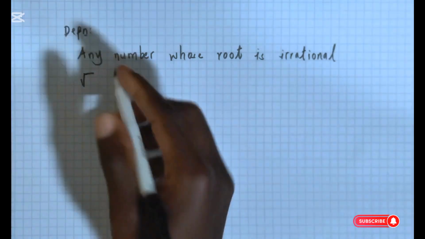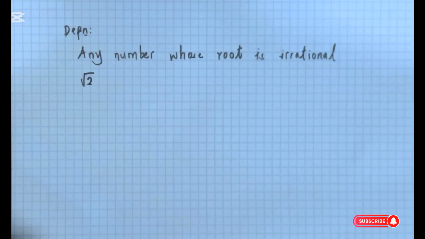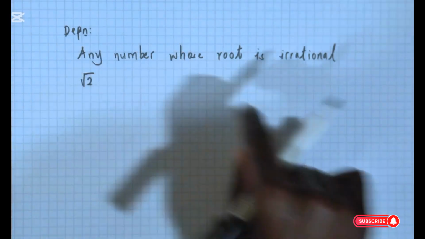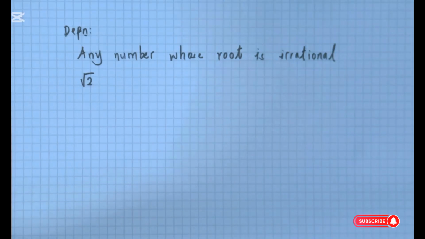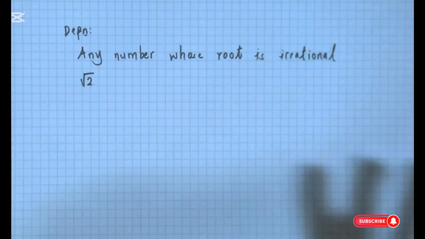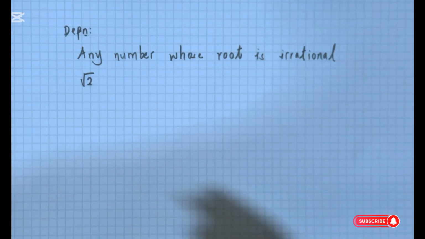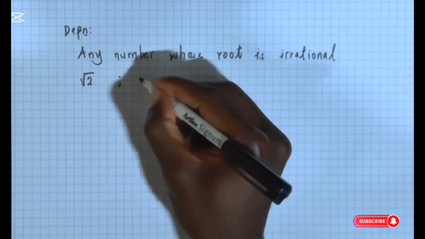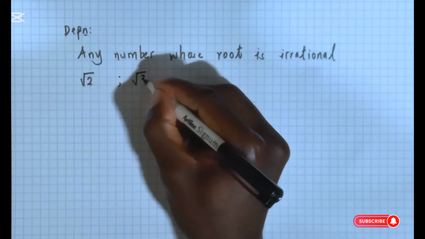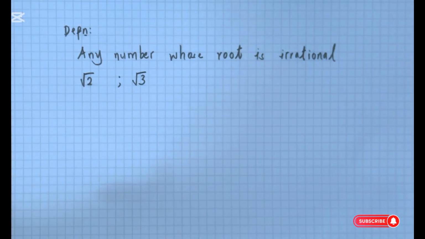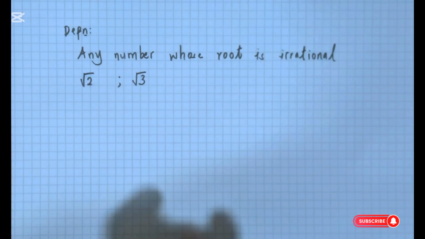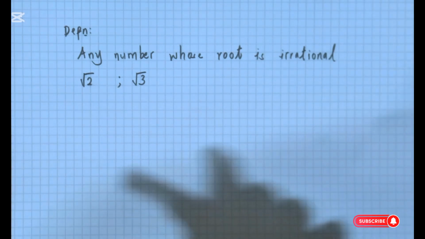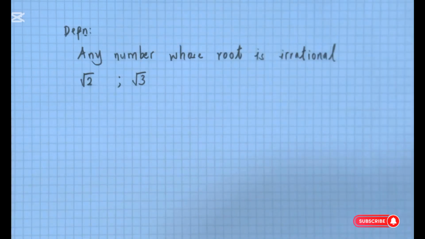For example, we talked of 2. When you find the square root of 2, you'll find an irrational number. We try finding the square root of 2, we won't be able to find what it is. Another example of a surd is the root of 3. When you find the root of 3, you find that it is non-terminating and non-recurring.